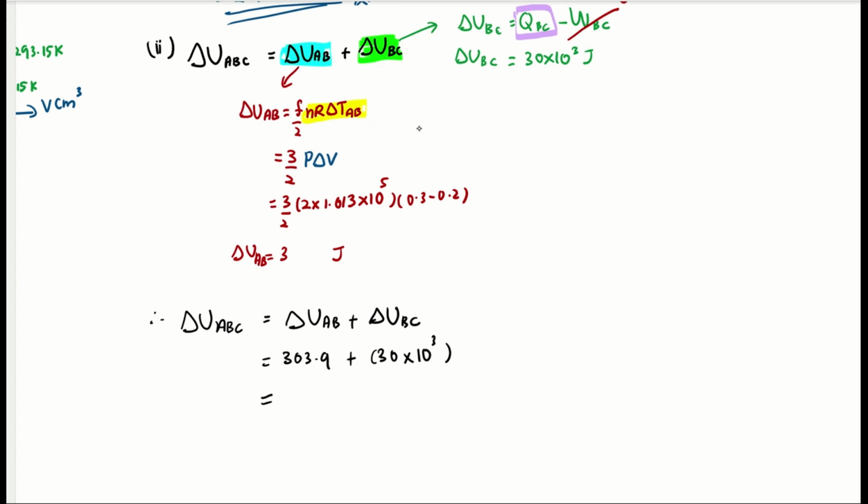So here should be 3.039 kilojoule, sama lah tadi times 10 power of 3. So this one should be 3.039 times 10 power of 3 plus 30 exponent 3. Alright, and then finally the answer is 6.04 times 10 power of 4 joule. Alright, so this is the answer for delta UABC.